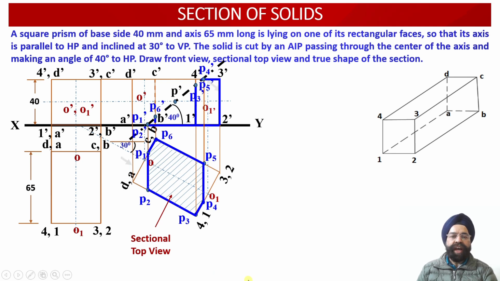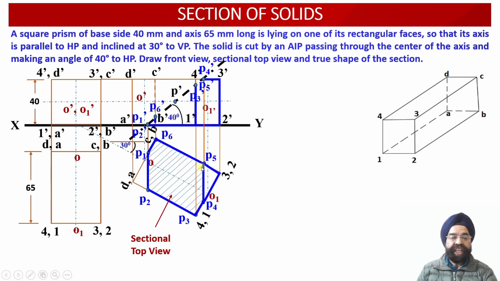Now one more thing we have to observe is that this portion of the solid has been removed. So we are not able to see anything over here corresponding to this removed portion of the solid. But this is the portion of the solid which is the uncut portion. Up till now we have just obtained the front view and the top view projections corresponding to these 6 points of intersection, which correspond to this sectioned solid.